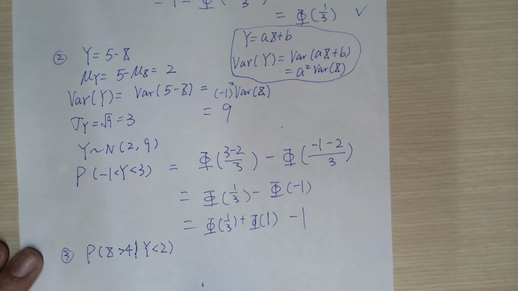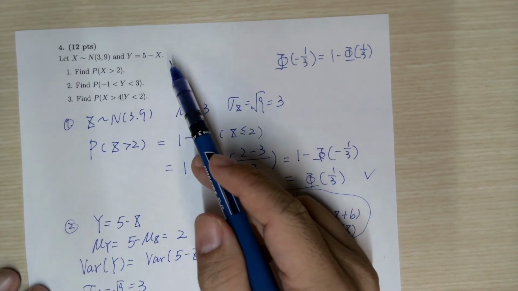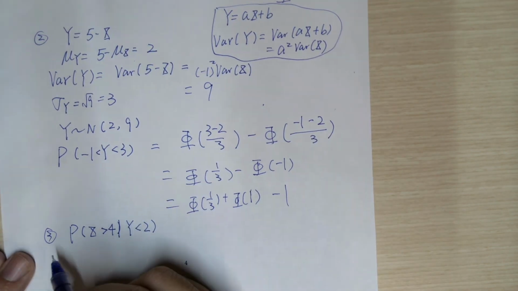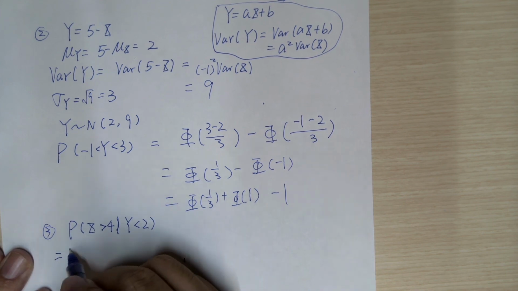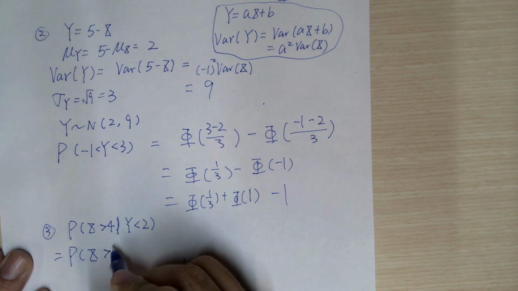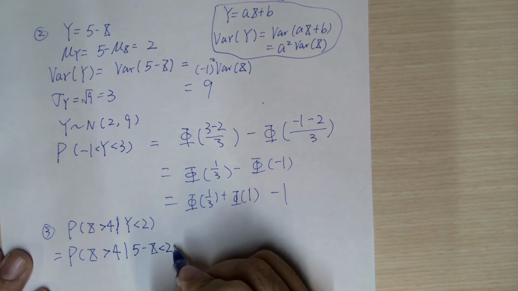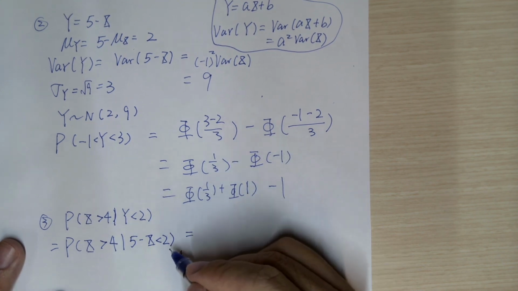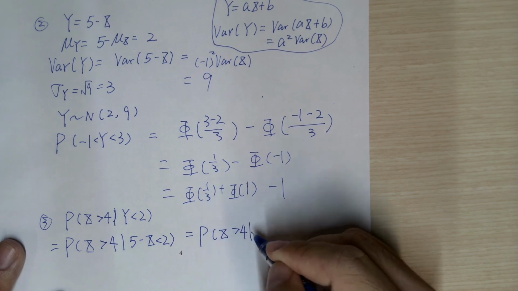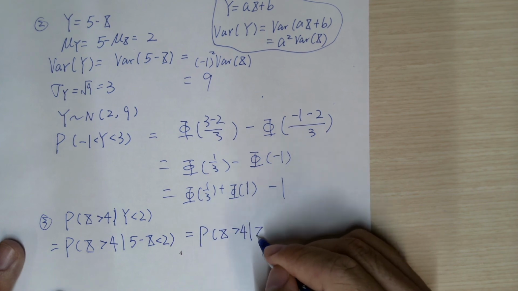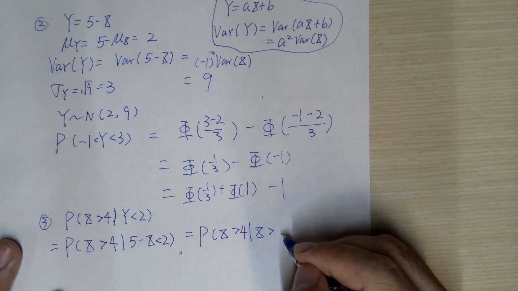So in other words, since Y equals 5 minus X, we can convert this all in terms of X. That is, given 5 minus X is less than 2. If you solve this part, it's going to be X greater than 4, given that X is greater than 3, right?